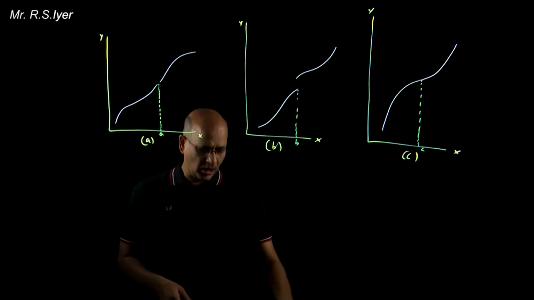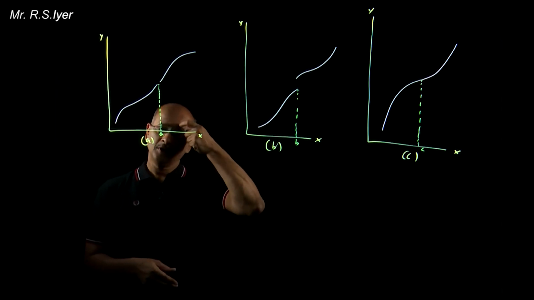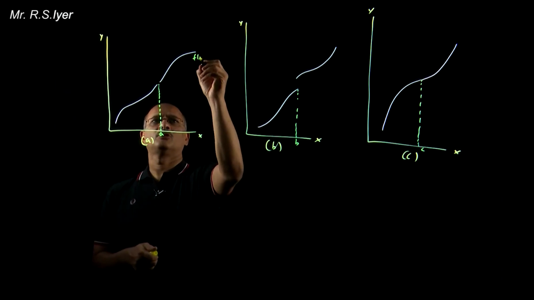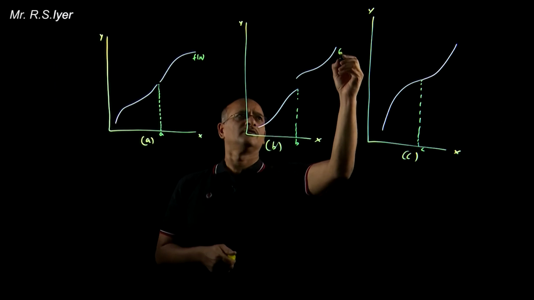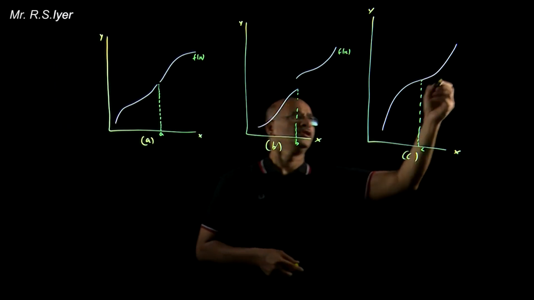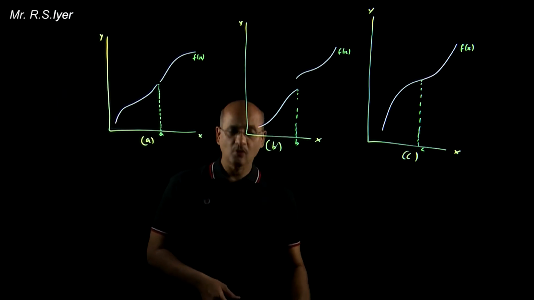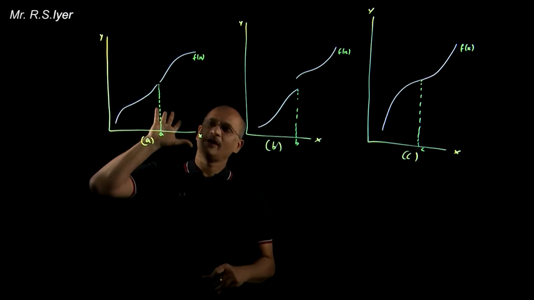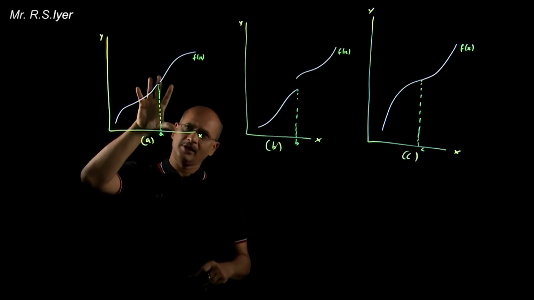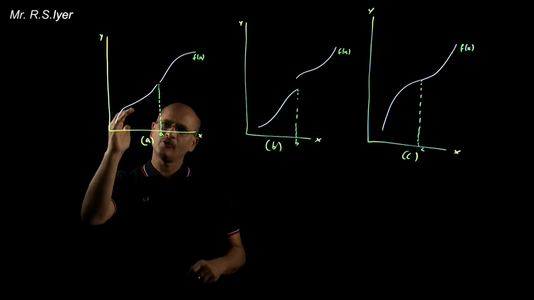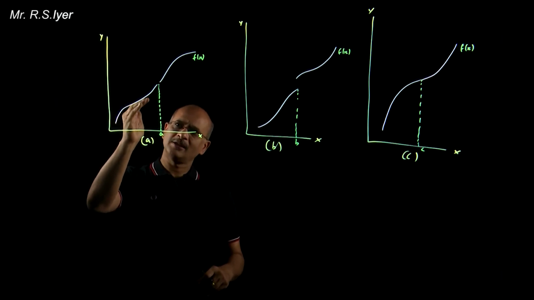Now, when I talk about continuity, you all know that this is represented by a particular function. This curve might be of some function. This curve also might be of some function. When you look at the graph in this perspective, you see that the graph is moving continuously, there is no break in the graph.